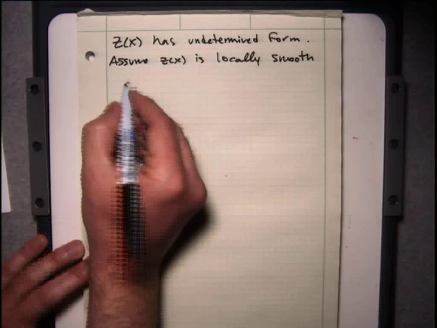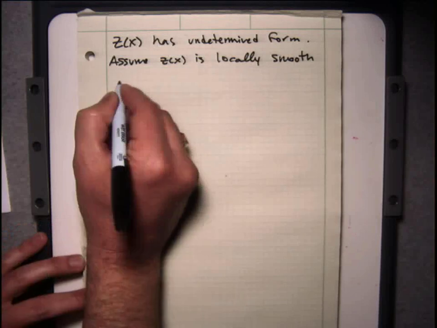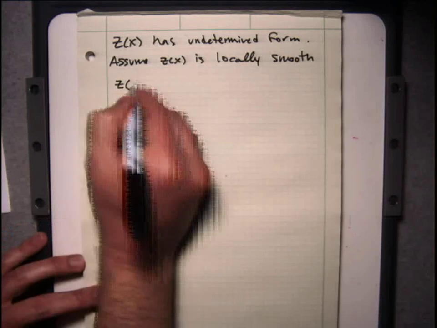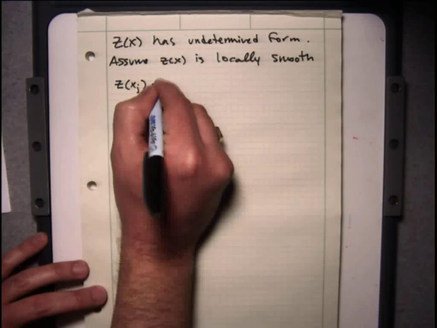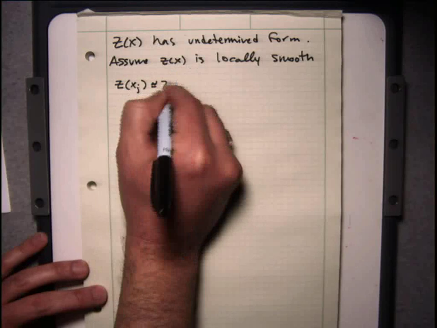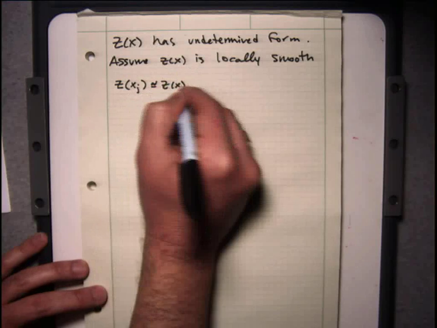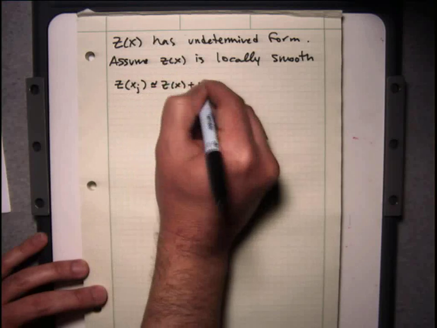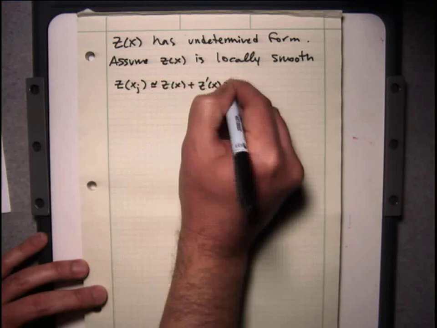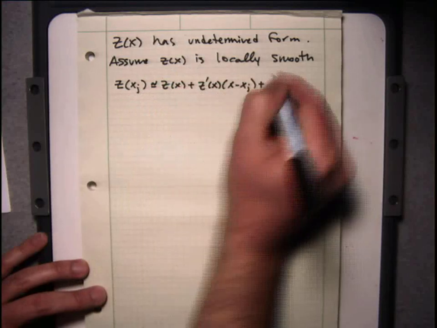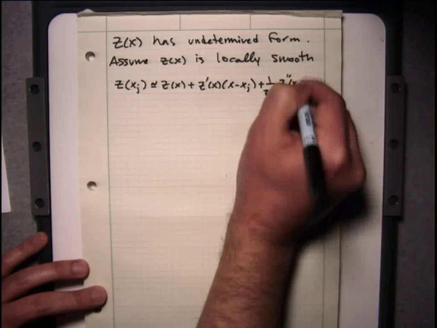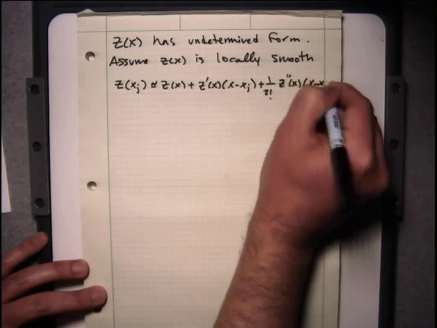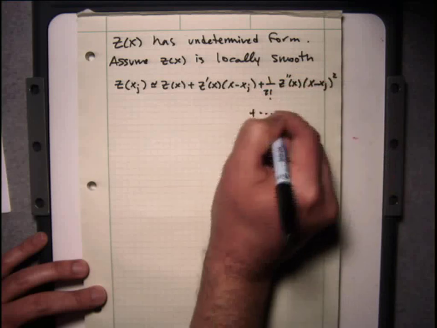So for instance, we can write z of xj as z of x for any x, plus z prime of x times (x minus xj), plus 1 over 2 factorial z double prime of x times (x minus xj) squared, and so on.